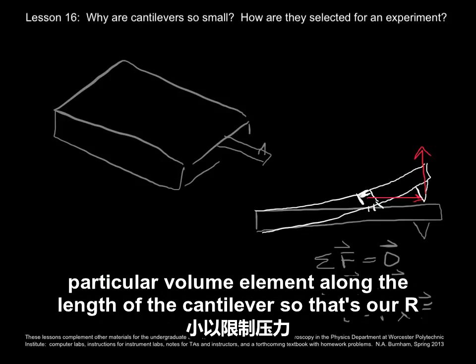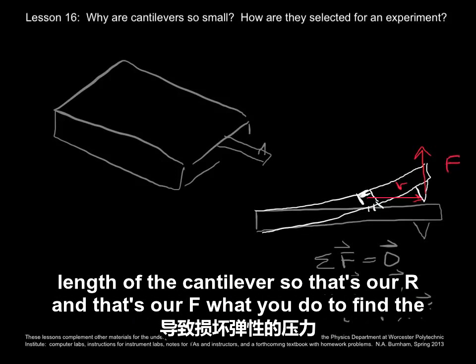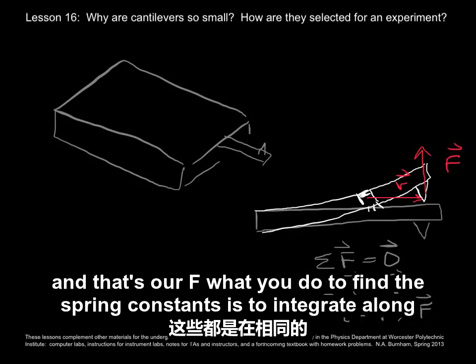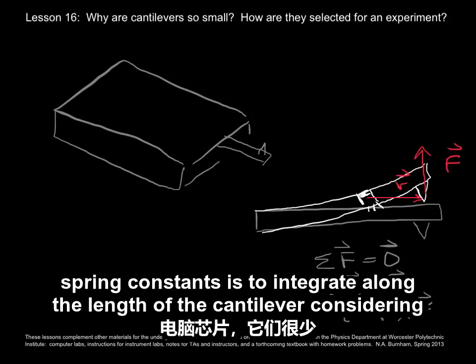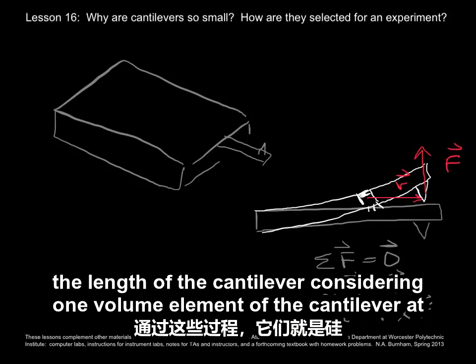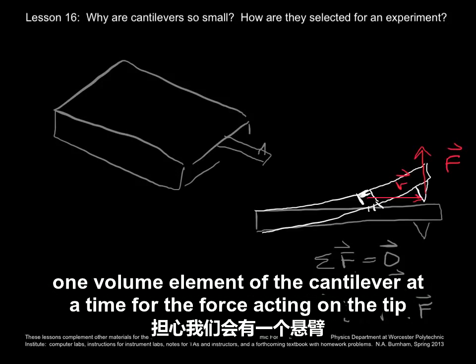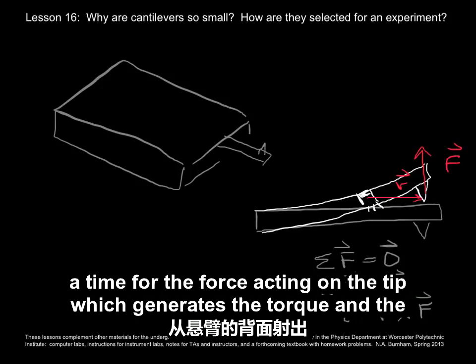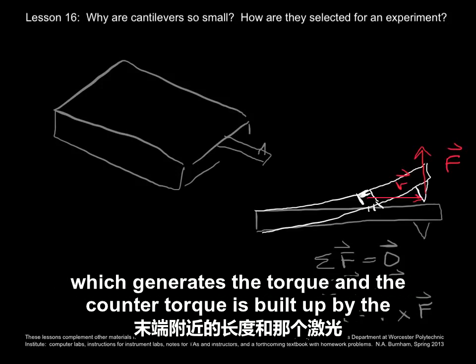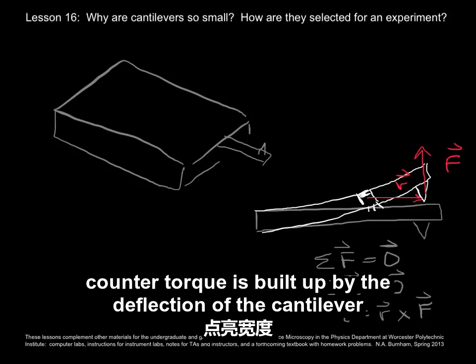So that's our R, and that's our F. What you do to find the spring constant is to integrate along the length of the cantilever, considering one volume element at a time, for the force acting on the tip, which generates the torque, and the counter torque is built up by the deflection of the cantilever.